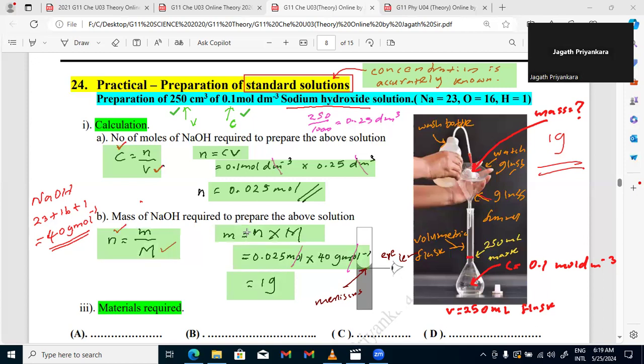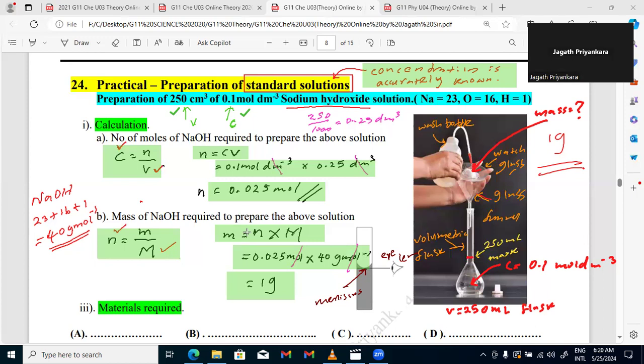And sometimes you weigh 1 gram. What is the balance used for this? It's a triple beam balance, or an electronic balance can be used. Even though you weigh exactly, you can do the calculation perfectly correct, and you measure 1 gram accurately. But when you are dissolving this in the flask, sometimes you may spill some out of the funnel.